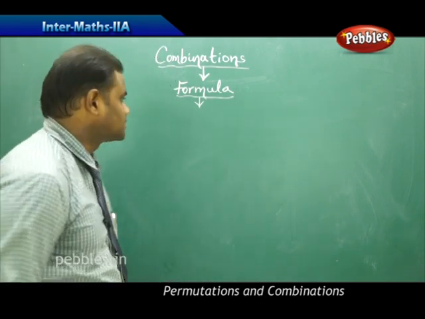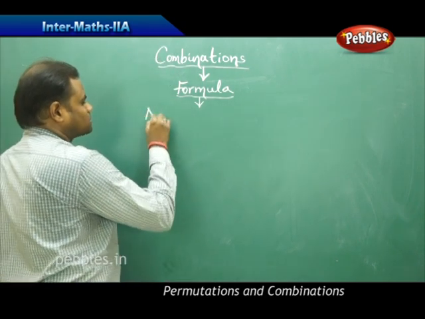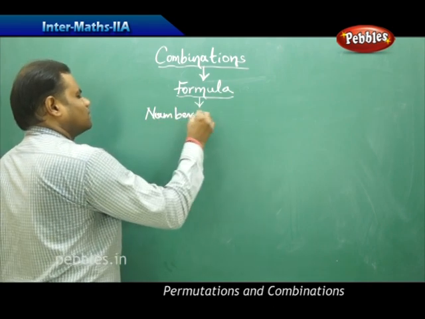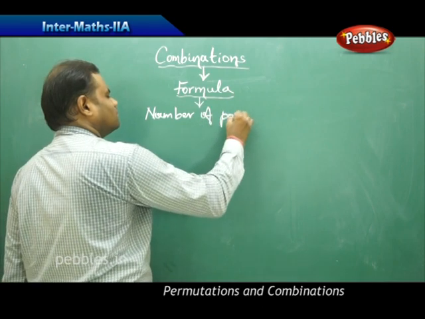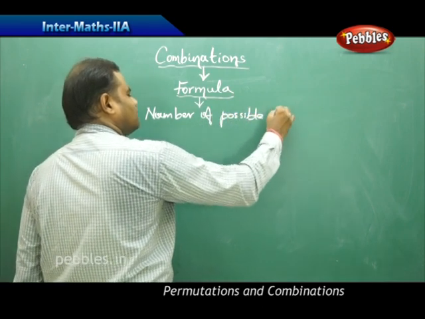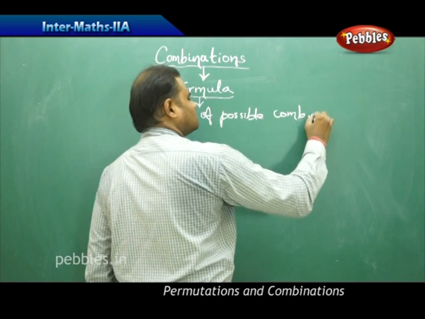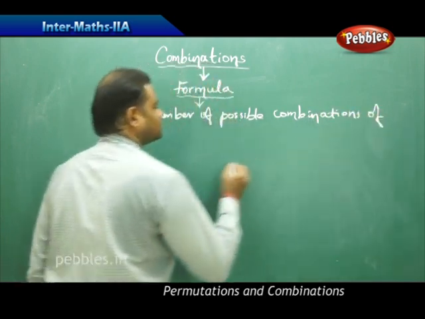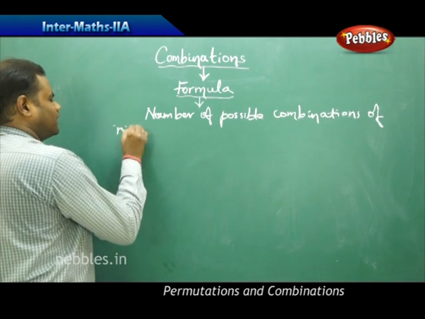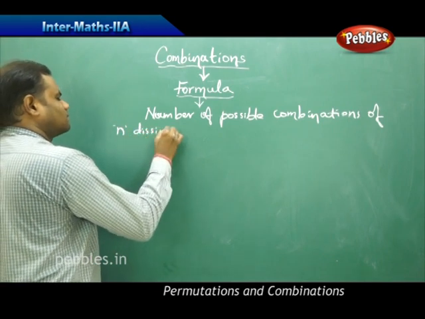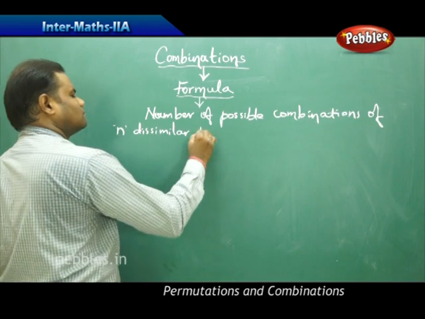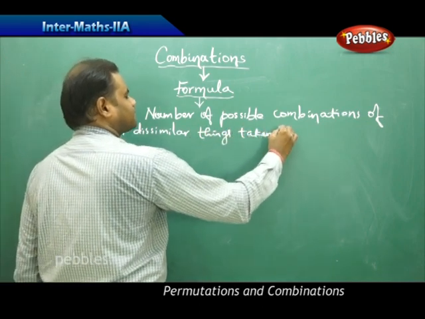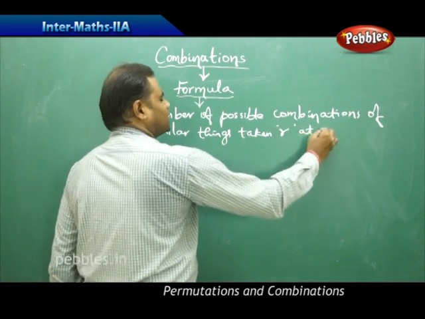So in this case, I define the number of possible combinations of n dissimilar things taken r at a time.